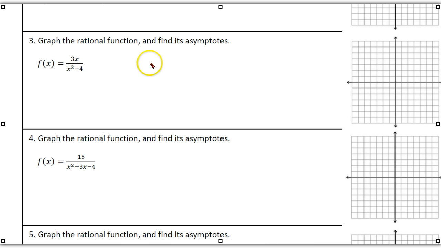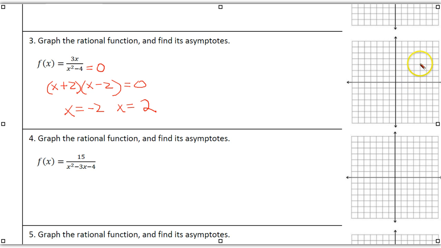Now for number 3, as we look at it, again, we take our denominator, equal it to 0, and if you recall, this is the difference of perfect squares that'll factor into its conjugates. And then when we equal that to 0, we're going to get x equals -2 and x equals +2.